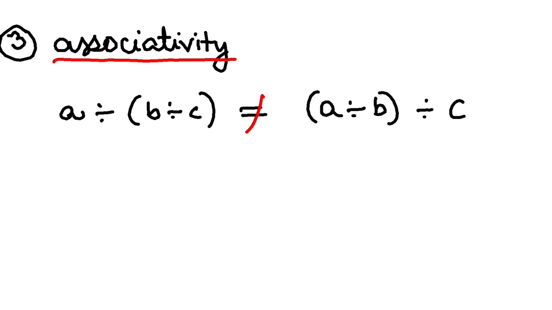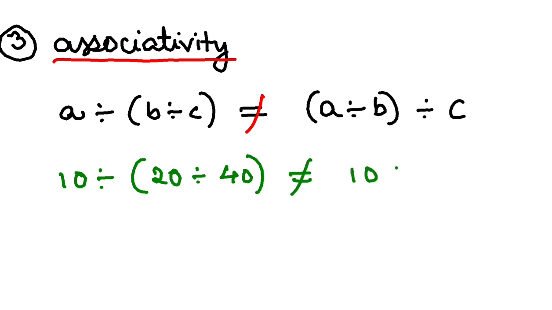If I take 10 divided by 20 divided by 40, of course this will not be equal to the differently grouped version. Please calculate the left hand side and right hand side, and then check whether the answers match or not. Obviously they will not match. So in case of division, associativity is also not followed.